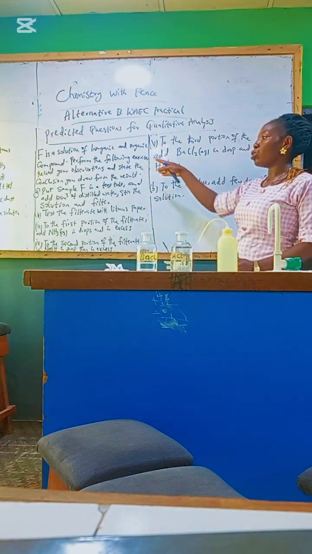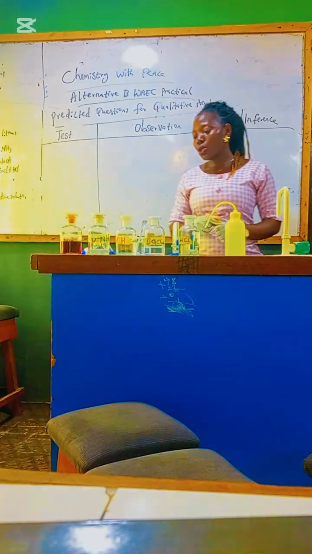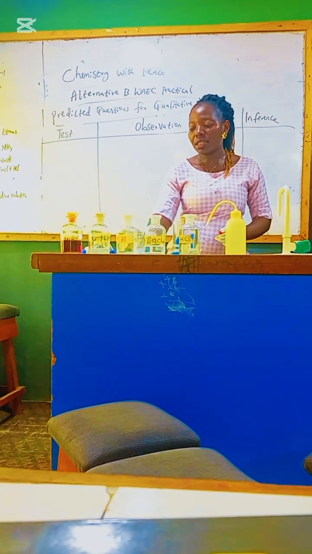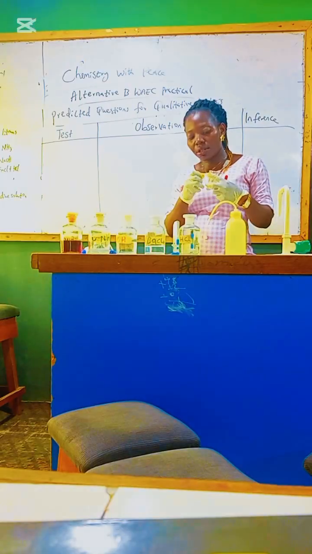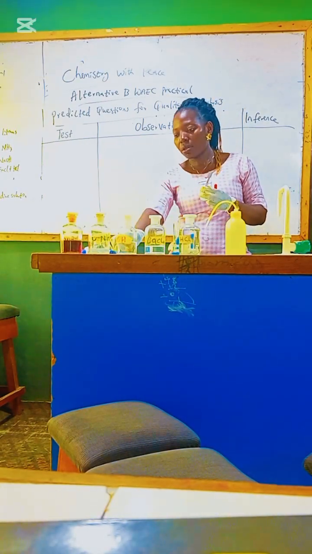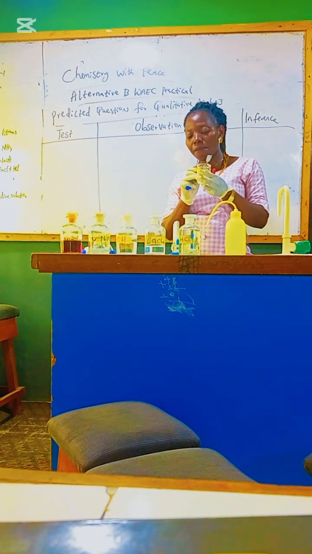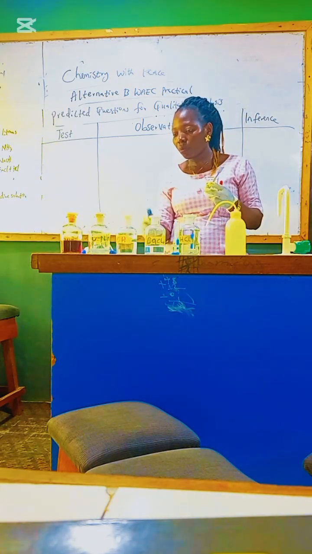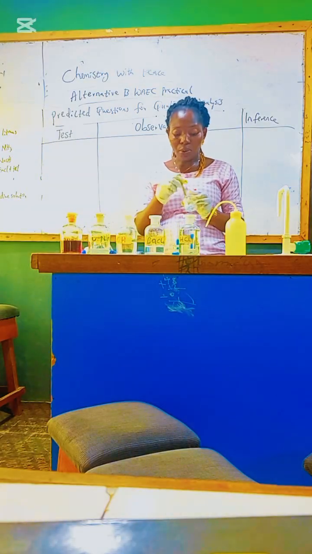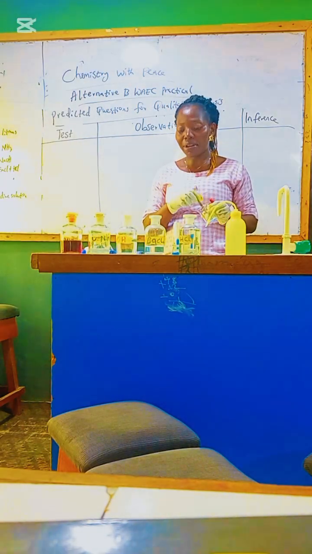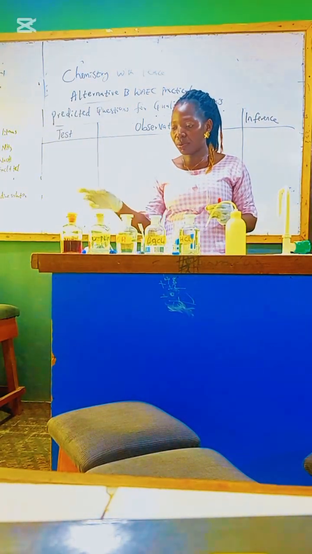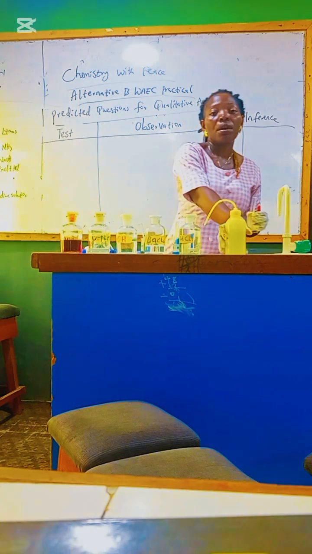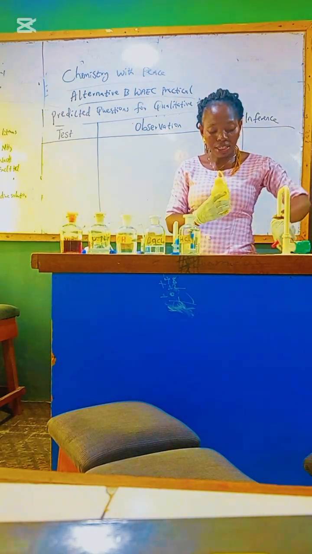So now we are going to do the practical. Now we are going to answer the question. This is our sample, sample F. The question says we should put sample F into a test tube and add 10 cm cube of distilled water into it.